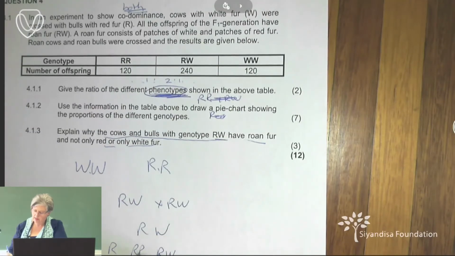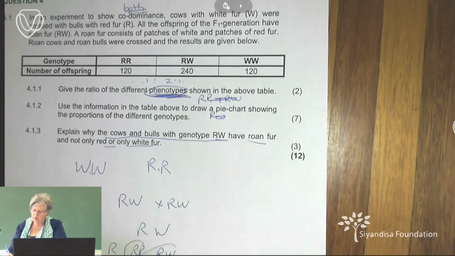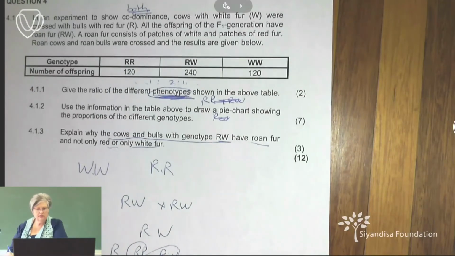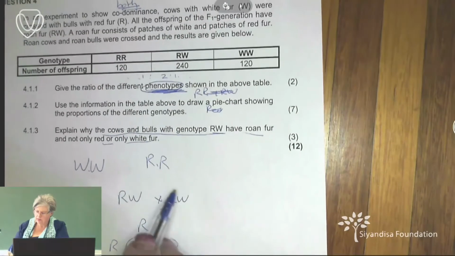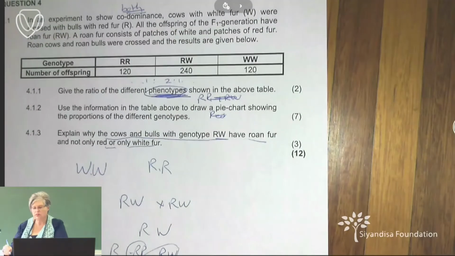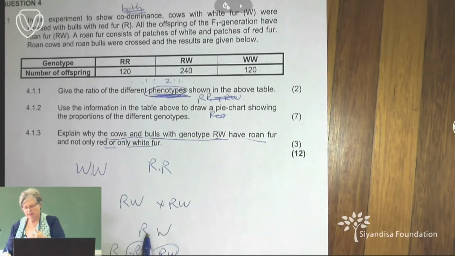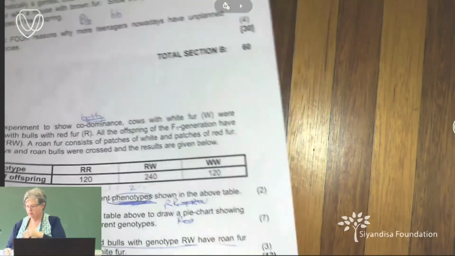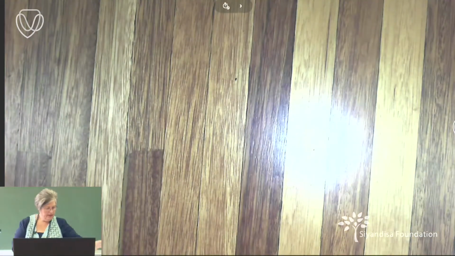So there will be white, there will be red, but there will be roan colors, because it is codominant alleles.